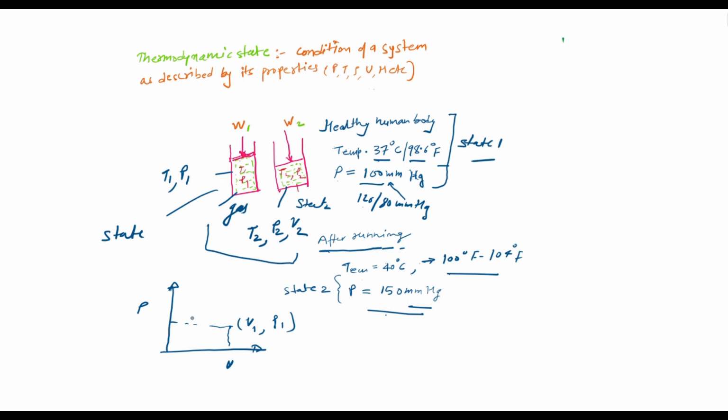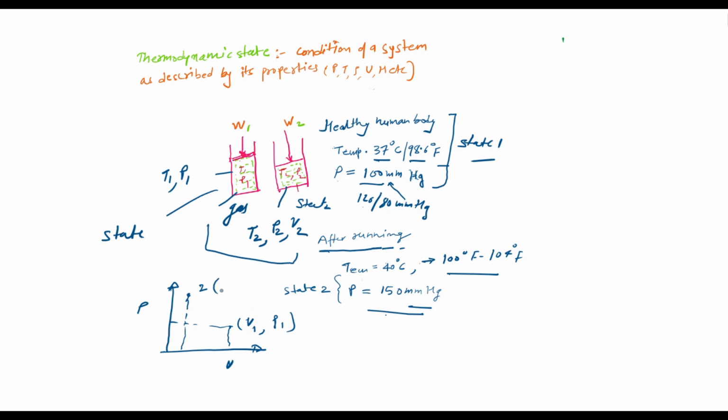When we do some work on it and compress it, we reach state 2, so pressure will increase but volume will go down. Here in state 2, the pressure is higher compared to P1 and the volume is lower than in state 1.